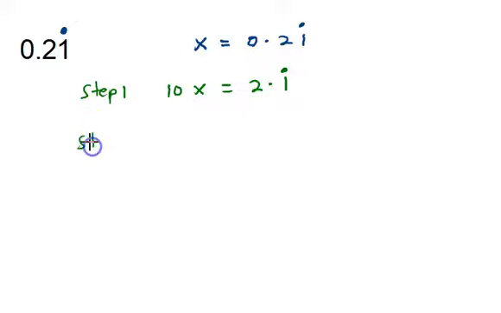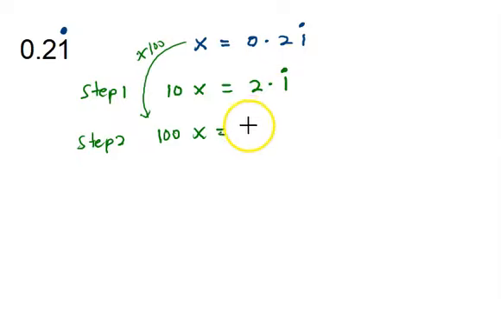Step 2 is I'm going to multiply by 100. When I multiply by 100, I will get 21.1, where the number behind is the repeated number. Now I'm going to take this and minus this one, so let me rearrange it.